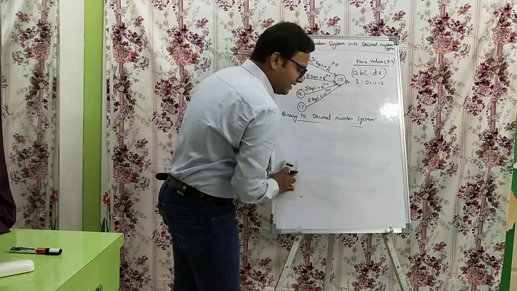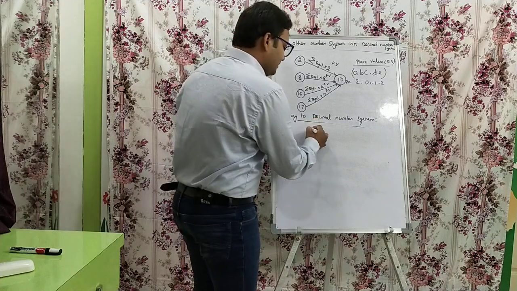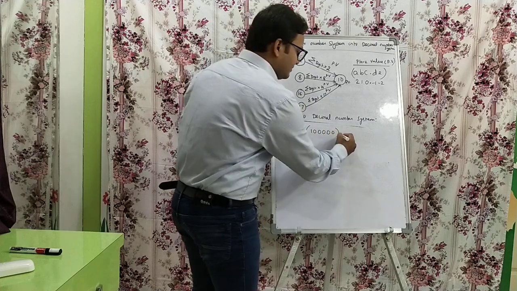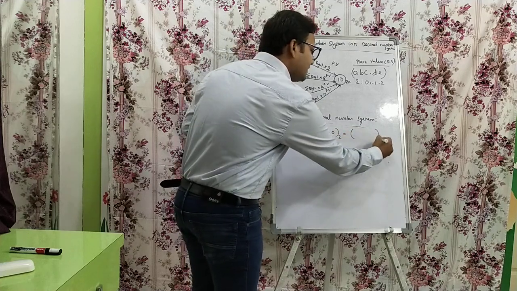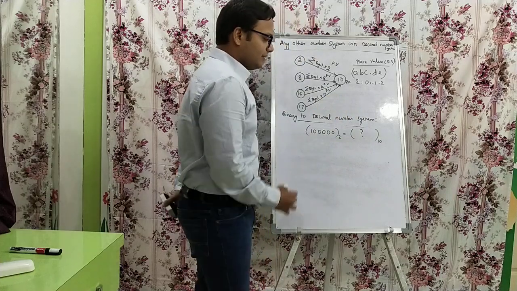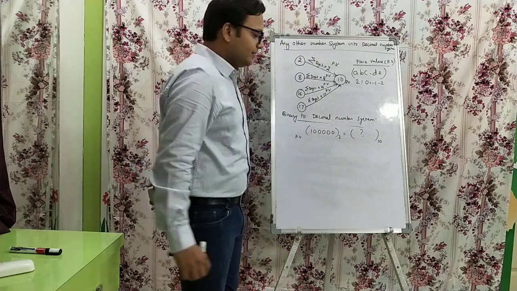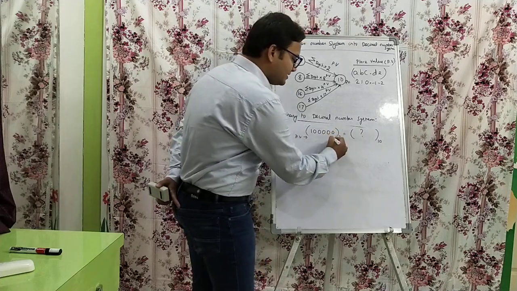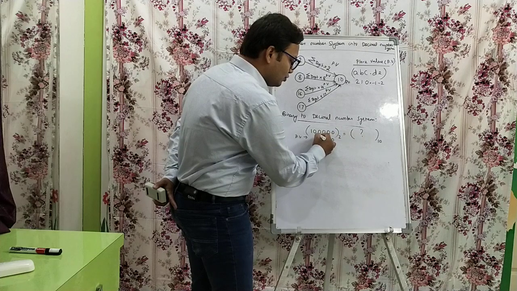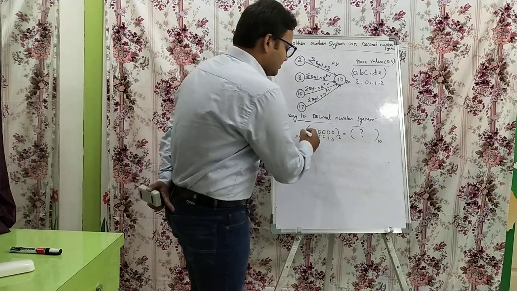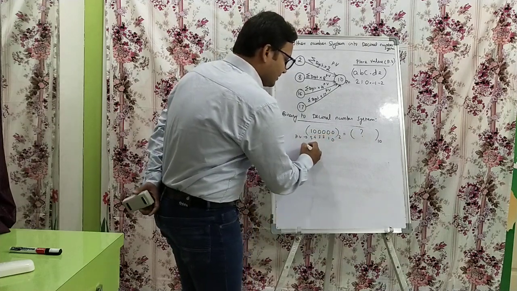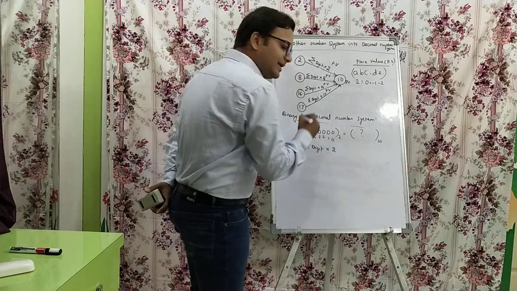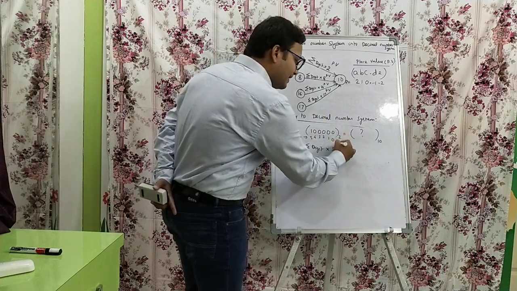We'll end the session here with one more example: 100000, binary into decimal. Again the same formula, find out the place value first. There is no point, so the place values are 0, 1, 2, 3, 4, 5. You take the summation of digit multiplied with the given radix to the power place value of each digit.